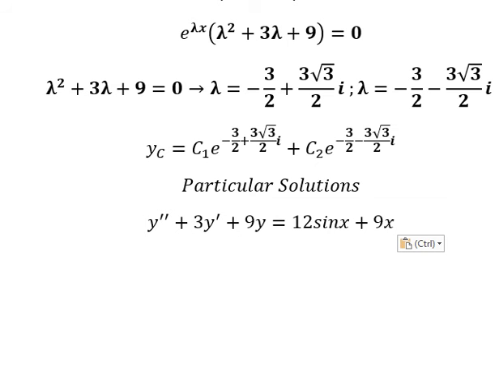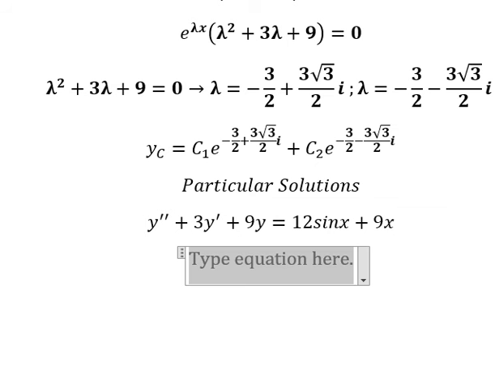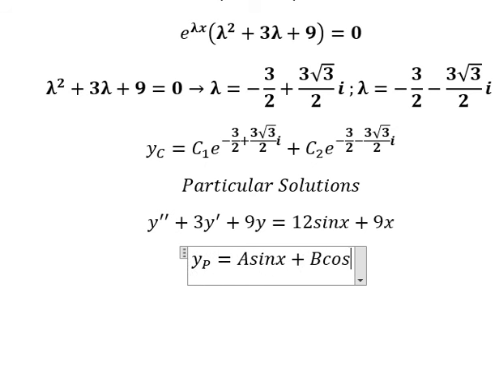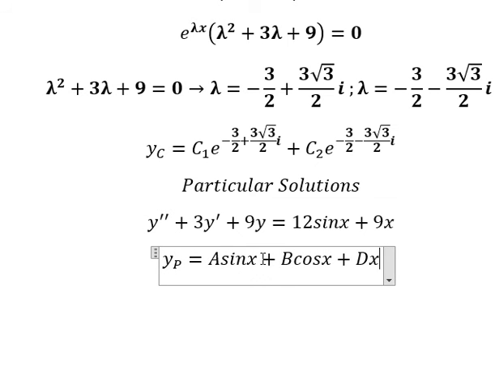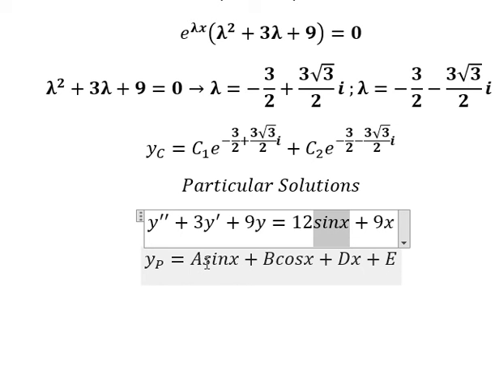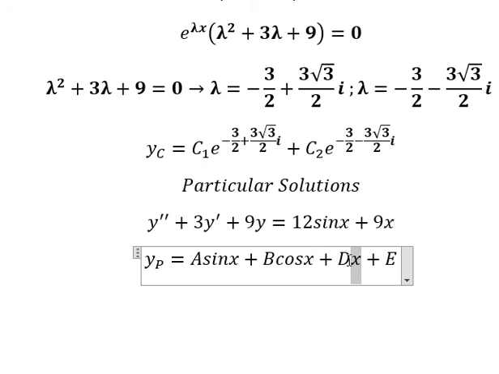So in this situation, I will put yp, that's the particular solution, as a sin x plus b cosine x plus dx plus e. Because we have trigonometry, we need to put sin x and cosine x. Because we have x, the highest power in here is x. Later we need to reduce the power.